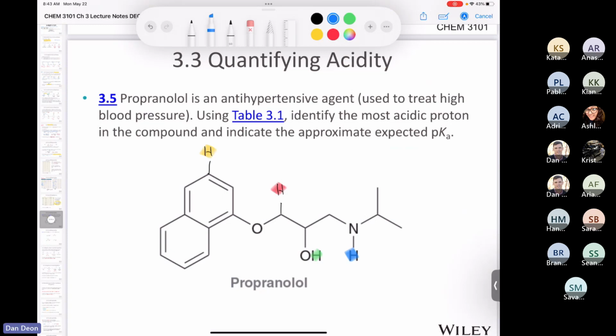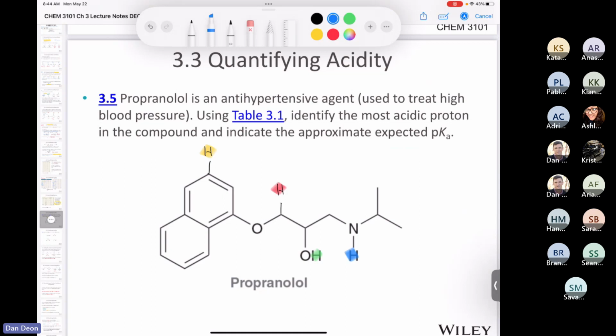Could anybody tell me, out of these 4 protons that I have highlighted, which one of those would be the most acidic? And it's not a trick question or anything. If you go to the table, which one of these functional groups or which one of these protons do you think would have the lowest pKa? Yeah, all right. I like the way you're thinking, Sean.